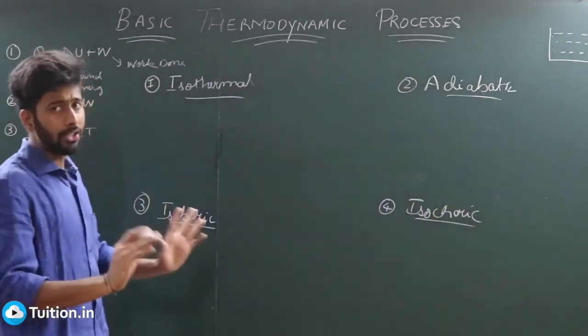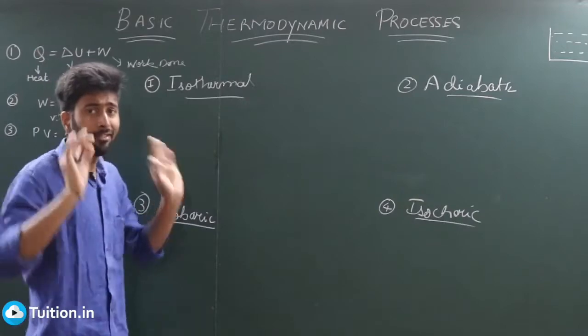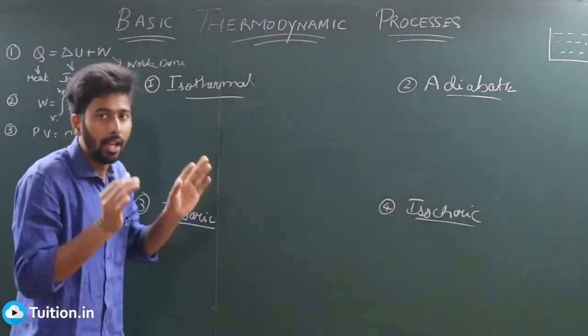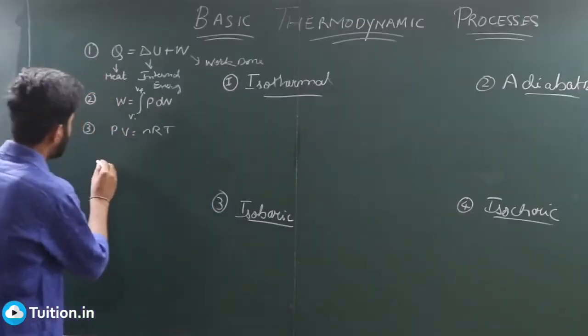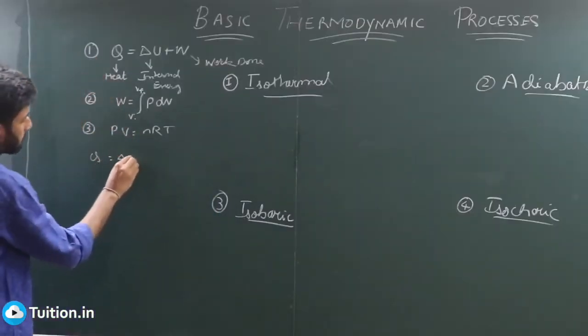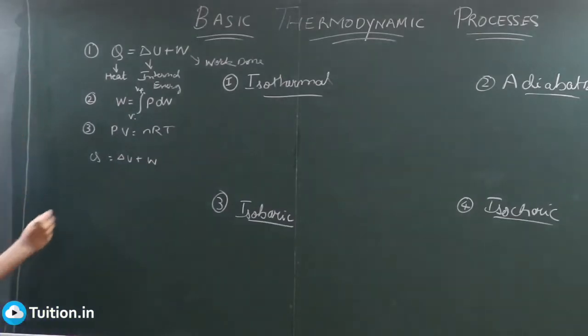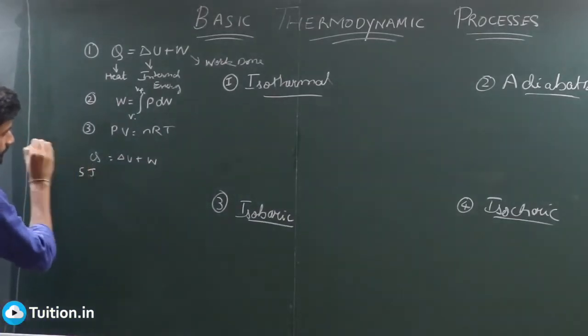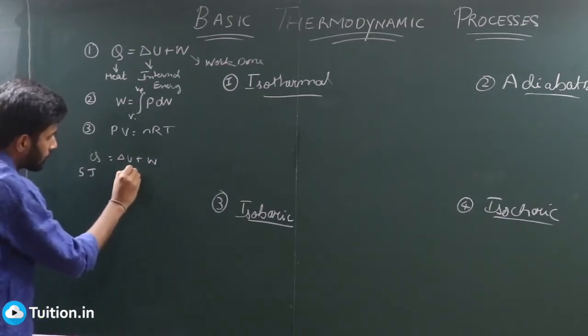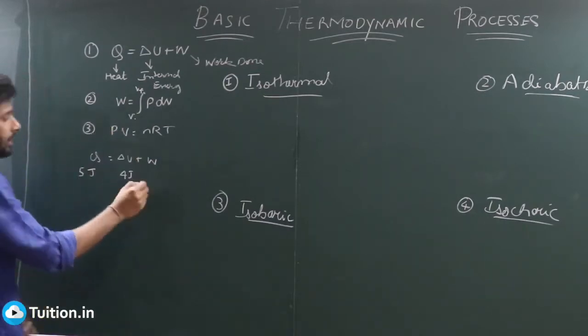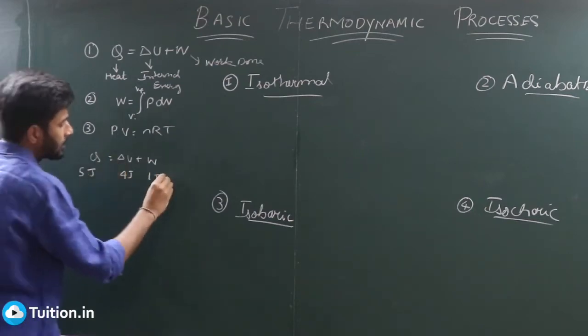First of all, let me tell you, there are infinite processes possible as far as that system is concerned. So Q = ΔU + W. Let's say I give 5 joules of heat. If the system utilizes 4 joules to increase its internal energy and 1 joule to do work, that's one process.